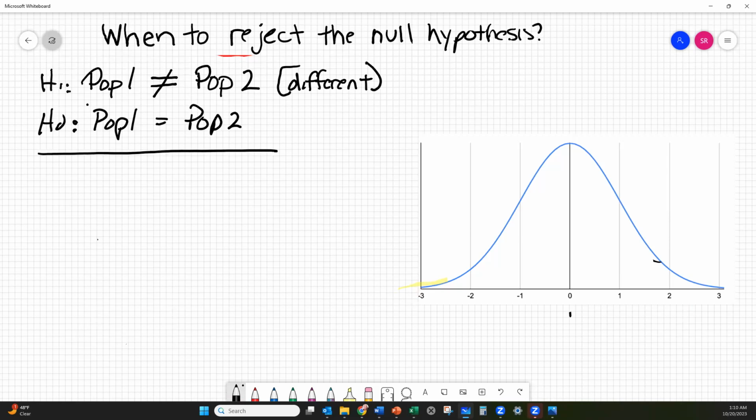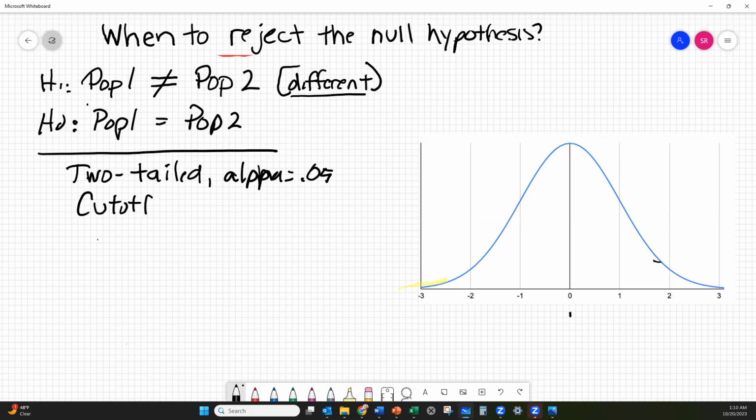And let's imagine now, we know we're doing a two-tailed test, because we have this word different. And in a two-tailed test with alpha 0.05, we know the cutoff point is going to be, we've looked it up, so Z, the Z-score associated with alpha, is going to be plus or minus 1.96.